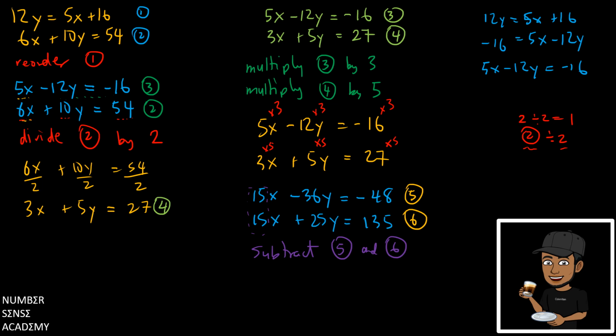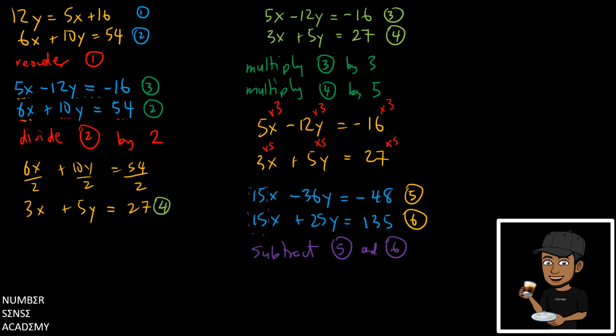Okay, I need to clear some space here so I could work. So let me get rid of these. So 5 and 6. What I have is 15x minus 36y is equal to negative 48. Grab my calculator because I know I can't do this mental math. I'm going to put a minus sign, so I have 15x plus 25y equals 135.